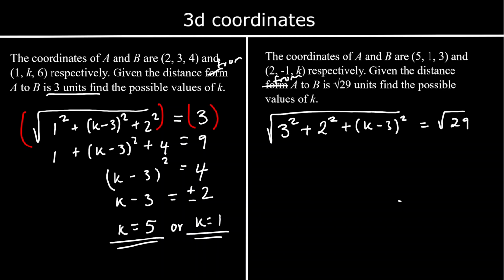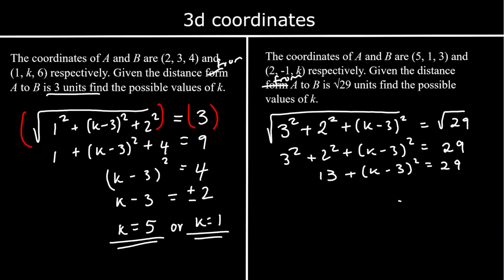Square both sides. So we've got 3 squared plus 2 squared, plus k minus 3 squared, equals 29. 3 squared is 9, 2 squared is 4. So we've got 13 plus k minus 3 squared equals 29.